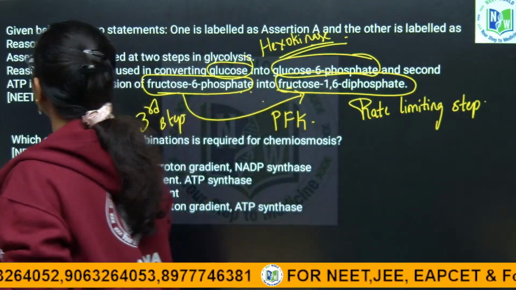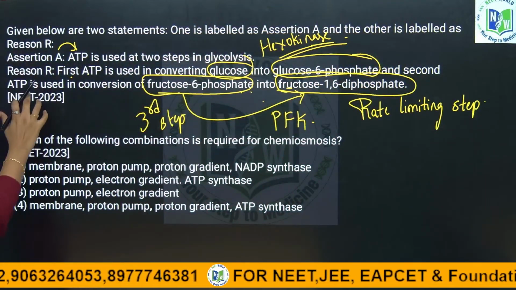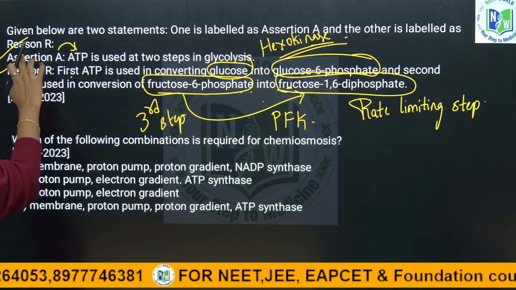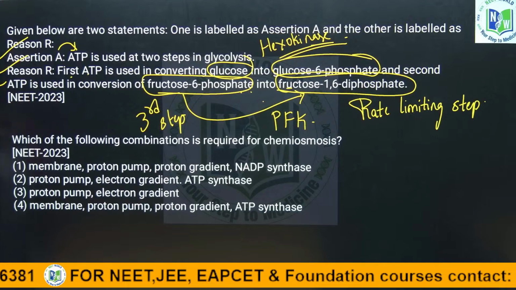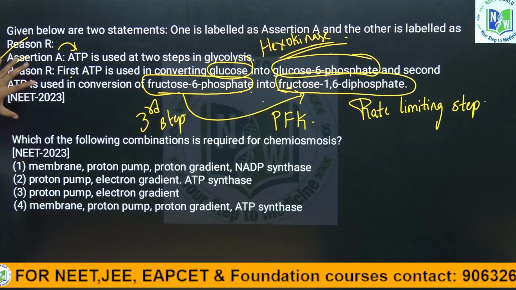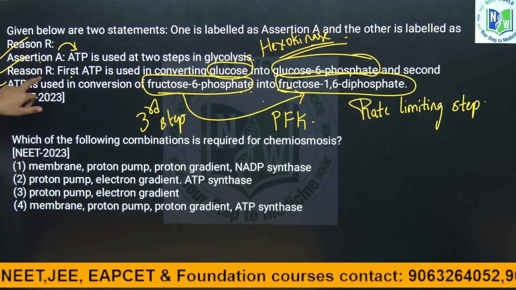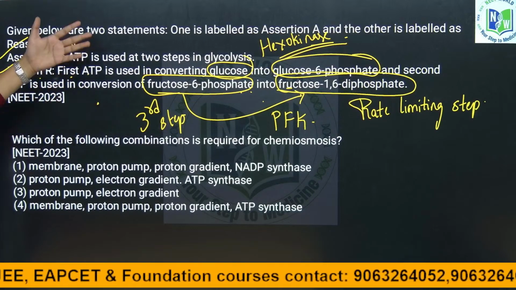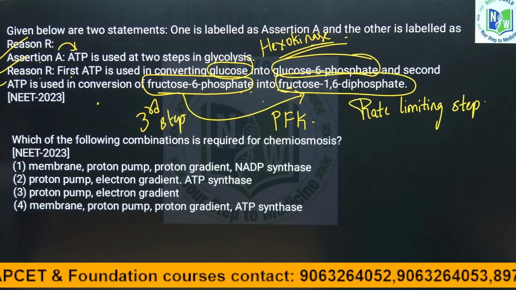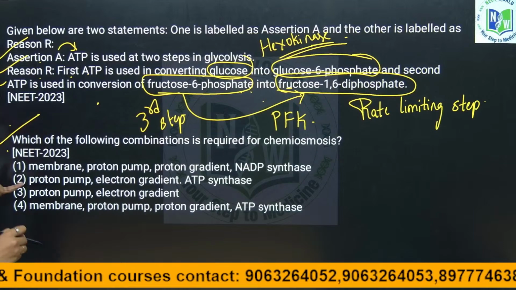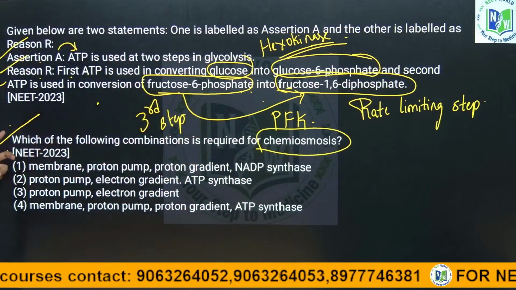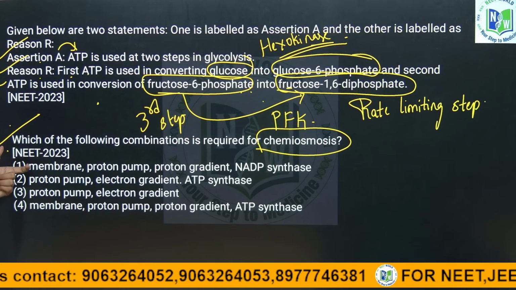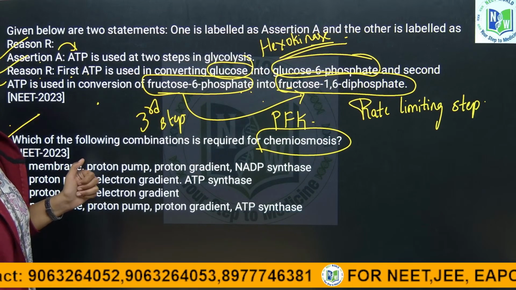Clear? So here the assertion is correct and the reason is true. The reason is explaining the assertion. I did not put the options, but that will be the correct answer. And in 2023, it is about chemiosmosis again. What is the correct combination for chemiosmosis?